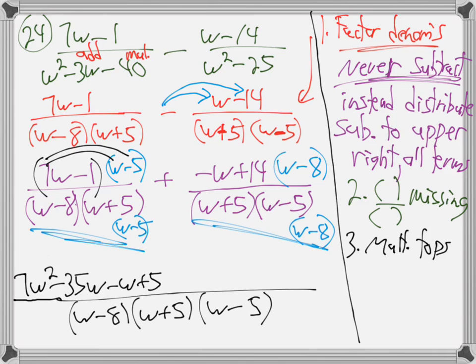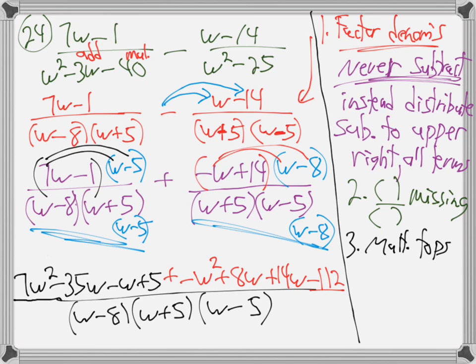Watch your signs carefully. And then minus W plus 14 is going to distribute. Minus W squared plus 8W plus 14W minus, it's 80 and 32, 112. That's 112, is that right?